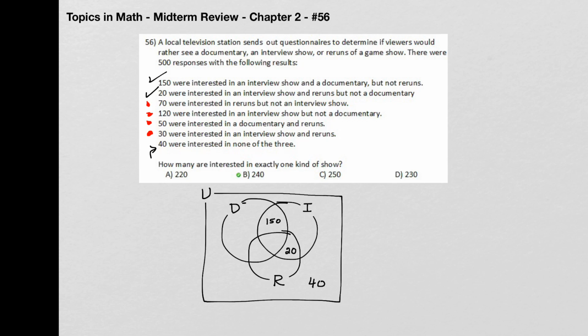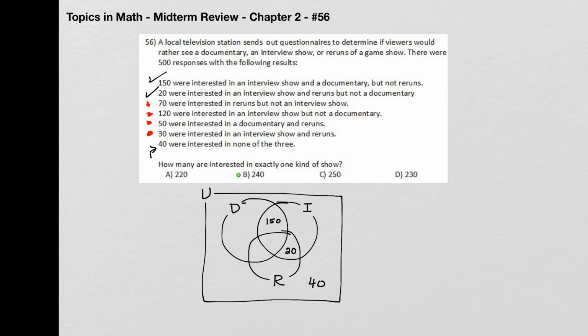All right, so we've gotten those pieces of information, and let's see. I have some information about people who are interested in the interview shows, so I am going to go back and look for anything about an interview show. We know that 120 were interested in an interview show, but not a documentary.